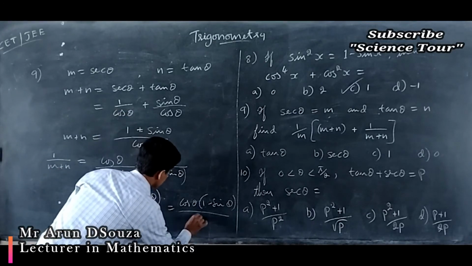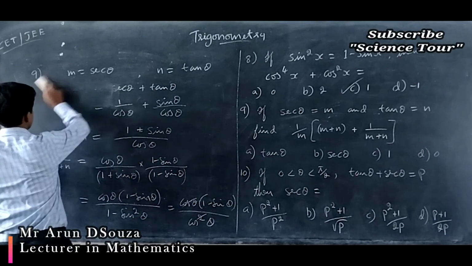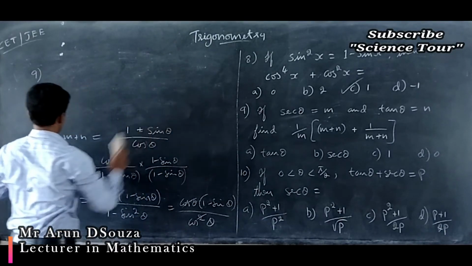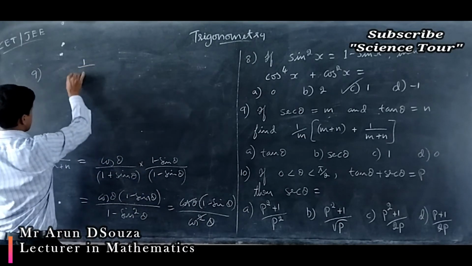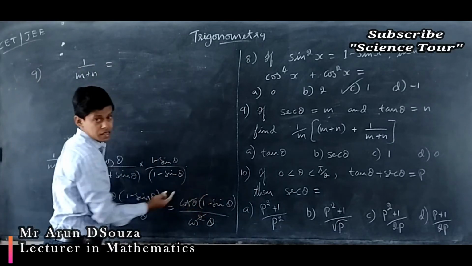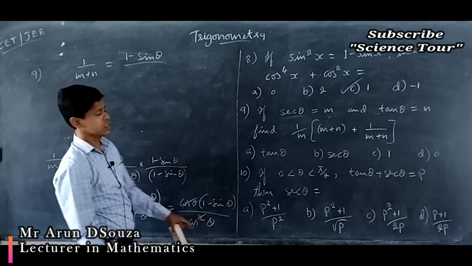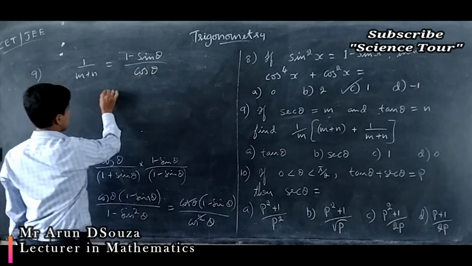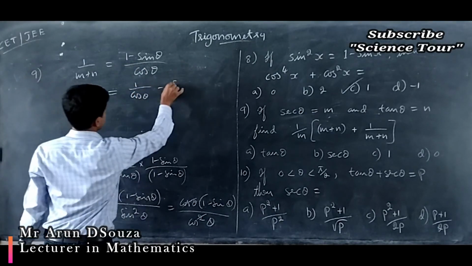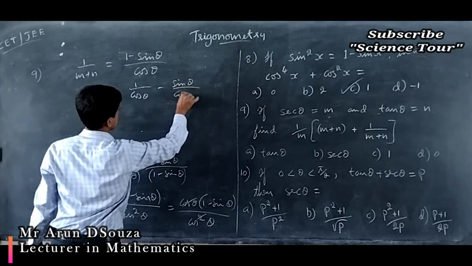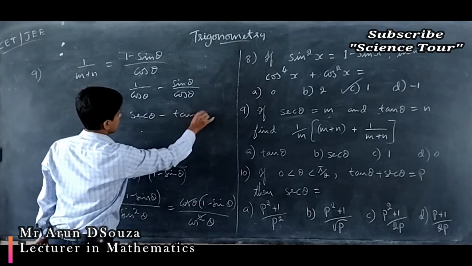So one cos will get cancelled, and what's remaining is 1 minus sine on the numerator, and in the denominator, only once it is cancelled, so cos theta remains. Now separate them, 1 by cos minus sine by cos. So 1 by cos is secant, minus sine by cos is tan.